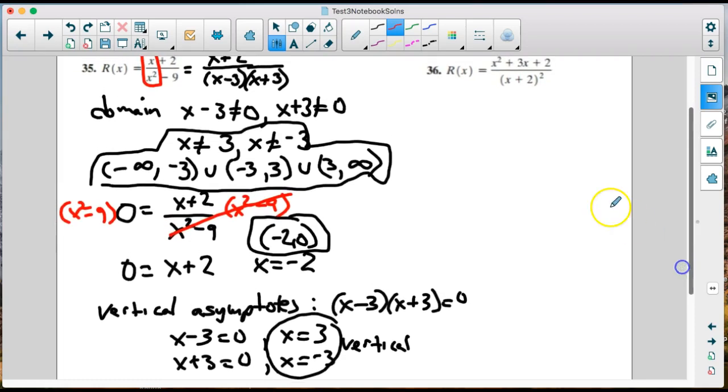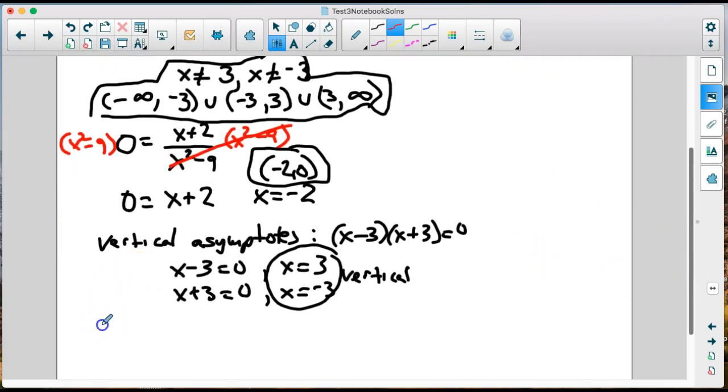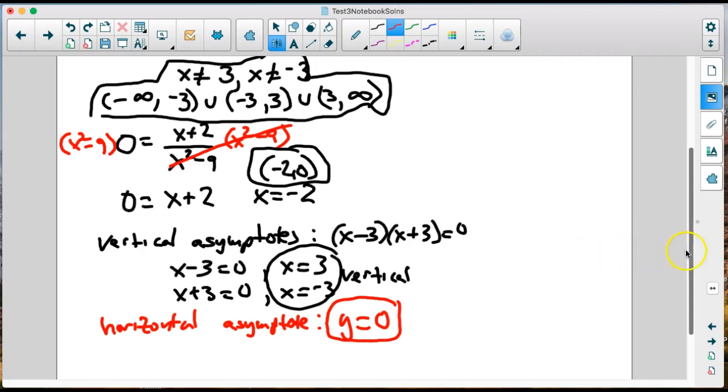This means the power is larger here, so that's going to mean that we have a horizontal asymptote at y equals 0. That occurs when the denominator exponent is larger than the numerator exponent.